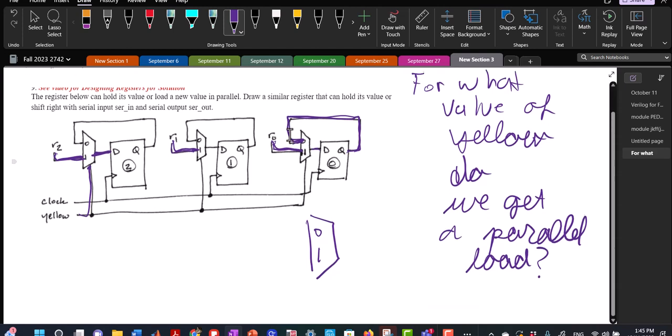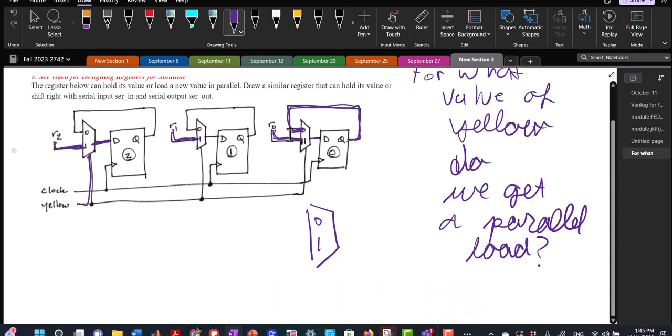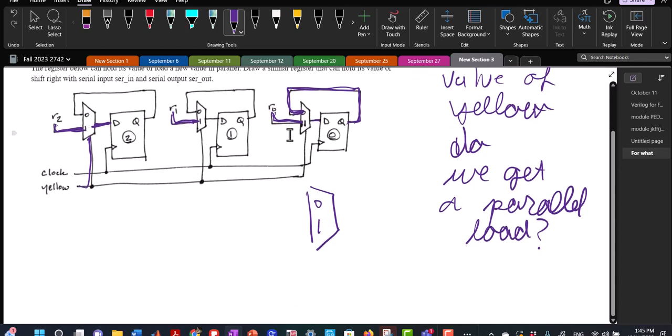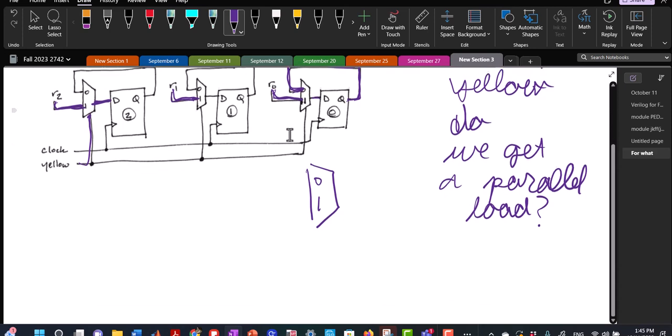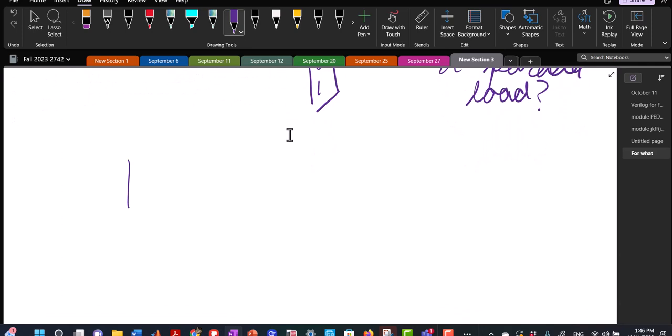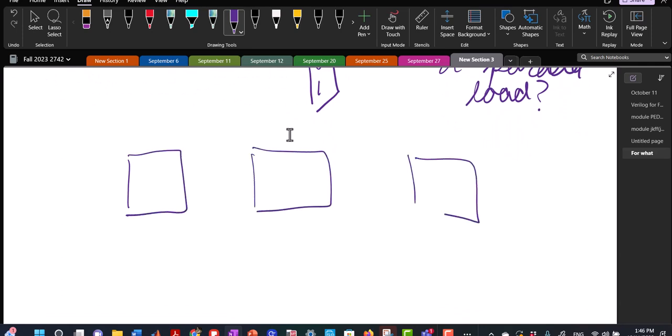Now this says, draw a similar register that can either hold its value or shift right with serial input in and serial output out. Anytime you need a register, you'll have flip-flops. So I'll have 3 flip-flops and 3 multiplexers, 1 for each flip-flop.